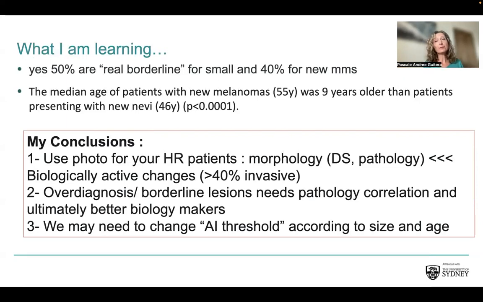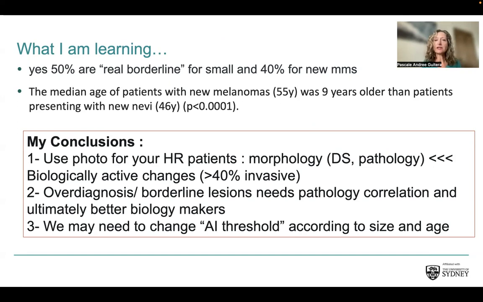I use the total body photo and monitoring, but we know dermoscopy and pathology are based on morphology and are losing us. Maybe biologically active change is better to be detected, because more than 40% were invasive.